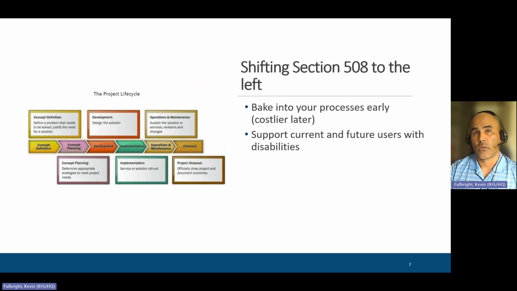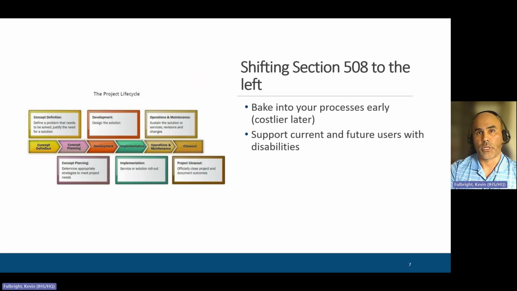In addition, if what you're pursuing in terms of solutions requires a contract, you want to think of Section 508 early in the contracting life cycle. Ideally during the pre-RFP, that is request for proposal, and solicitation phase.